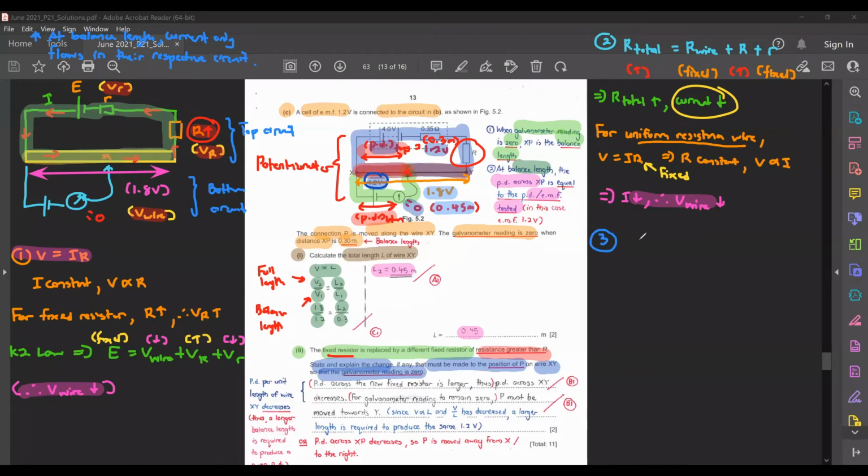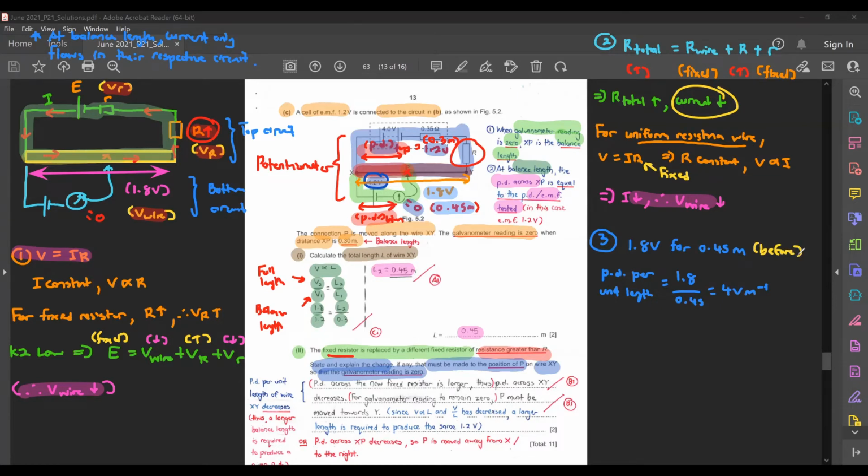If 1.8 volts is for 0.45 meter, the PD per unit length would be 1.8 divided by 0.45, giving us 4 volts per meter. So 1 meter of the wire here gives us 4 volts. All right. Now, this is for the case before you change the fixed resistance.